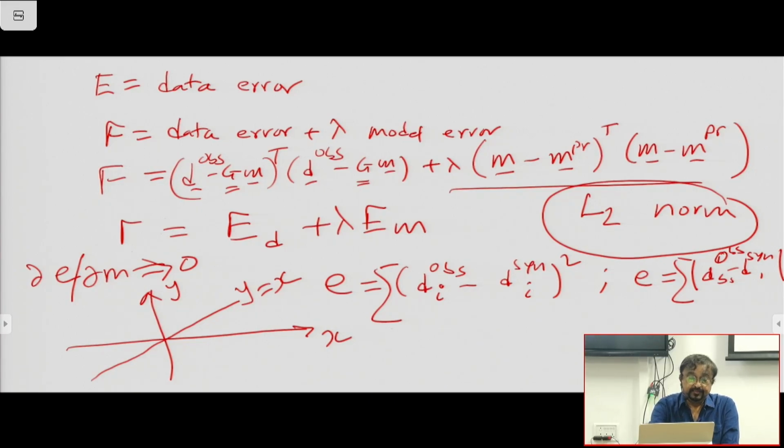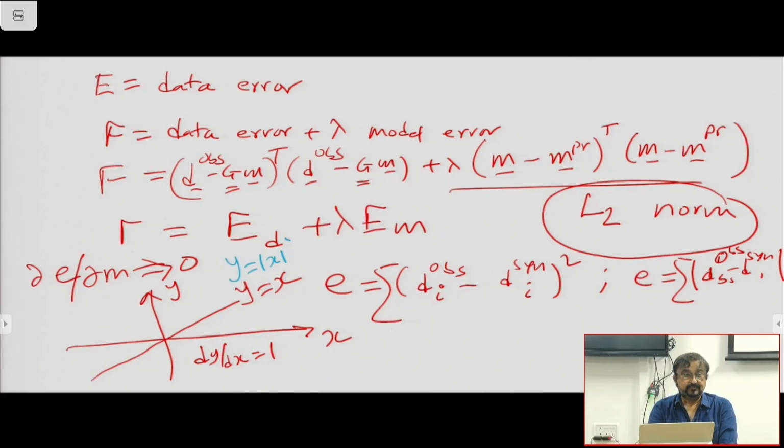So dy/dx is equal to 1. Okay, so now I'm going to have this function y equals absolute value of x.